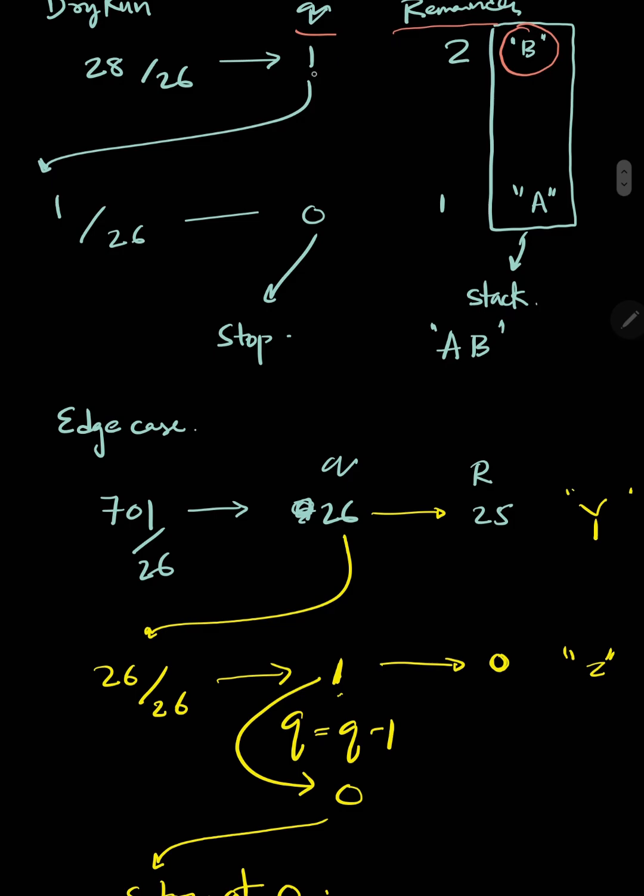Now we take the quotient 1 and again divide by 26. When 1 is divided by 26, we get quotient 0 and remainder 1.